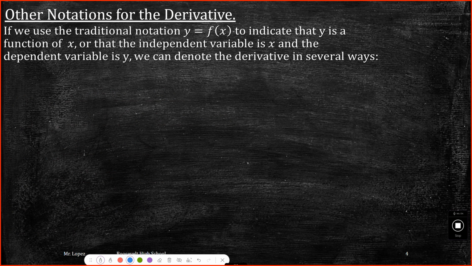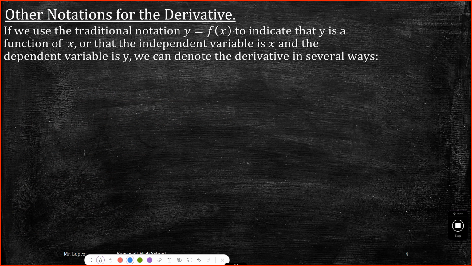If we use the traditional notation y is equal to f of x to signify it's a function, then to indicate that y is a function of x, or that the independent variable is x and the dependent variable is y, we can denote the derivative in several ways.